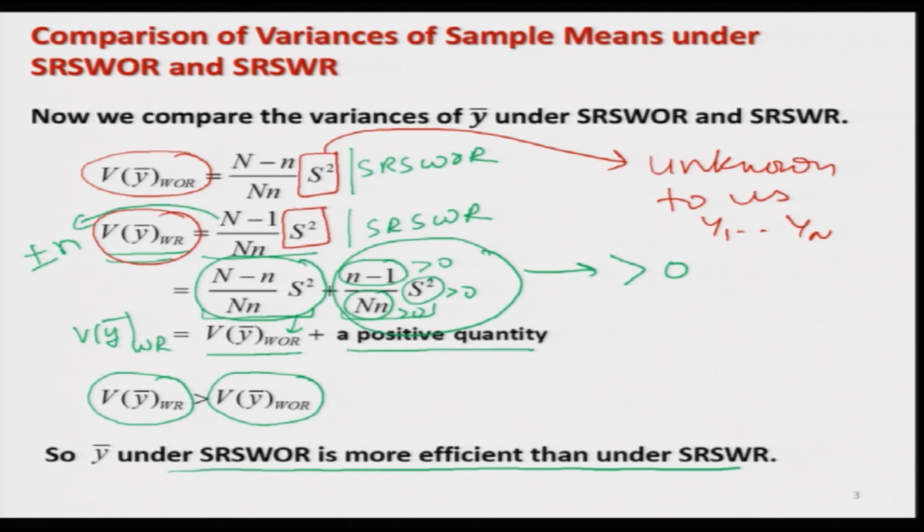Now, the variance of y bar has several quantities: capital N, small n, and S square. Capital N is known because it is the population size, sample size is known because that is what we have to decide, and capital S square is unknown to us.